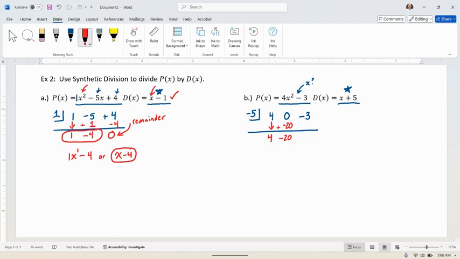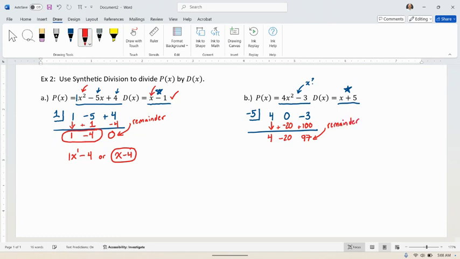Let's continue now. This time we'll multiply -5 times -20 and write that in zigzag fashion underneath the next term in line. -5 times -20 is +100. And we'll add these terms again. -3 plus 100 is 97. This time we did not end up with 0, and we definitely have a remainder of 97.